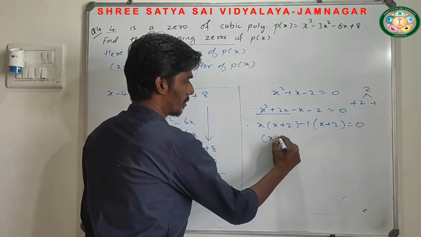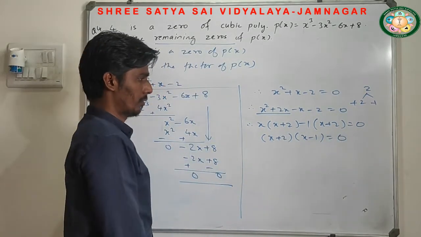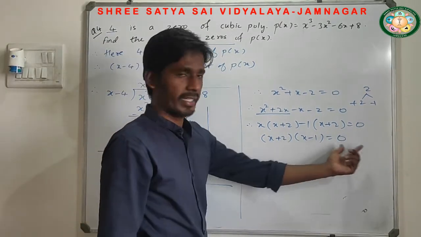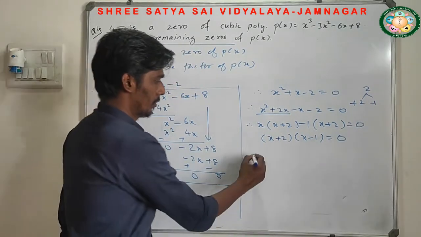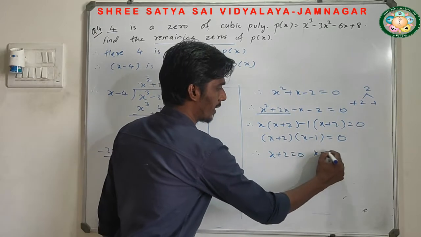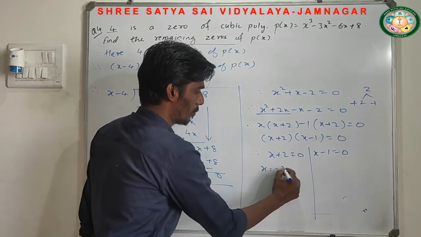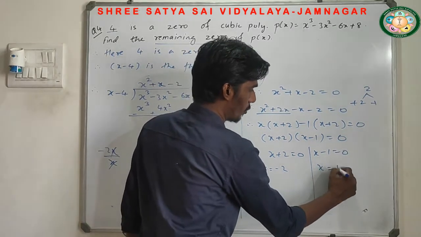So x plus 2 and x minus 1 equals to 0. Either this bracket is 0 or this bracket is 0. Therefore x plus 2 equals to 0, x minus 1 equals to 0. So x equals to minus 2, x equals to 1.